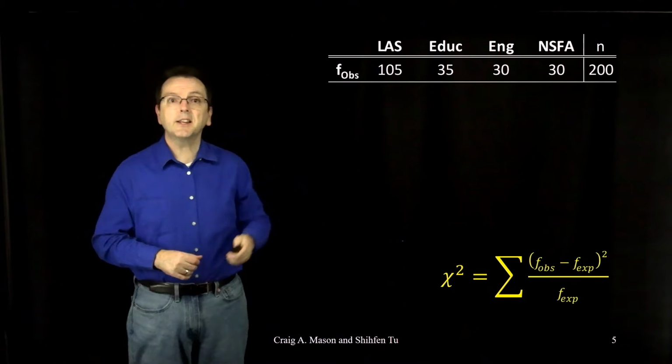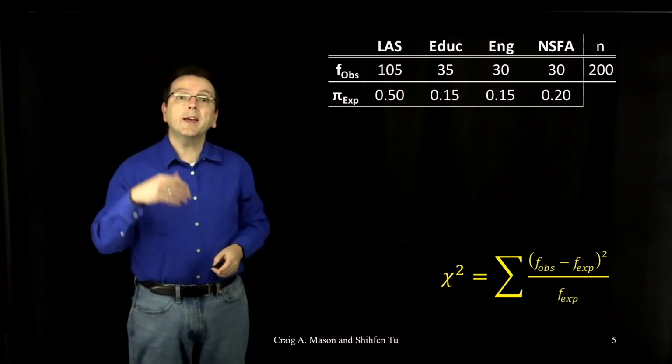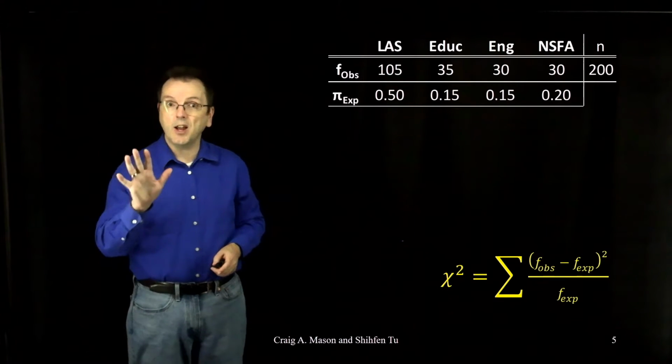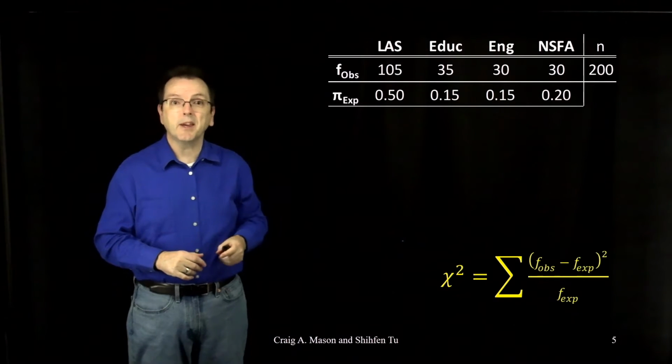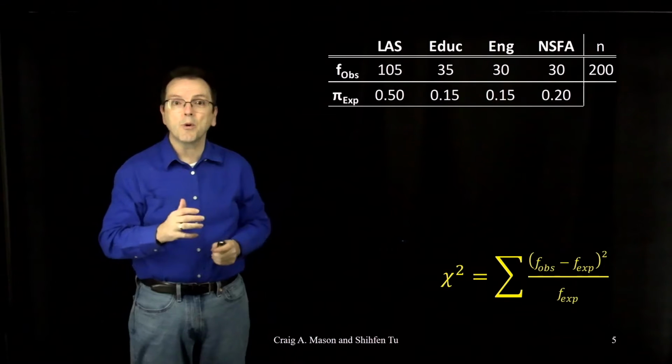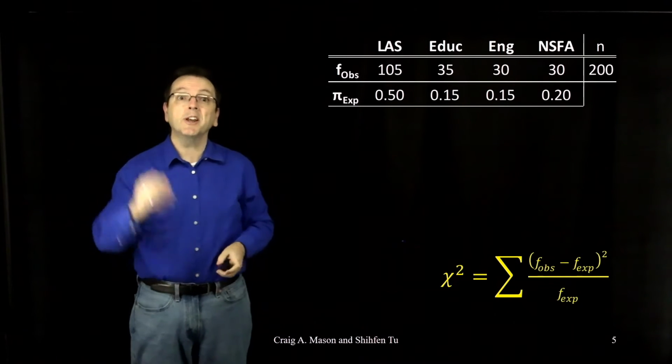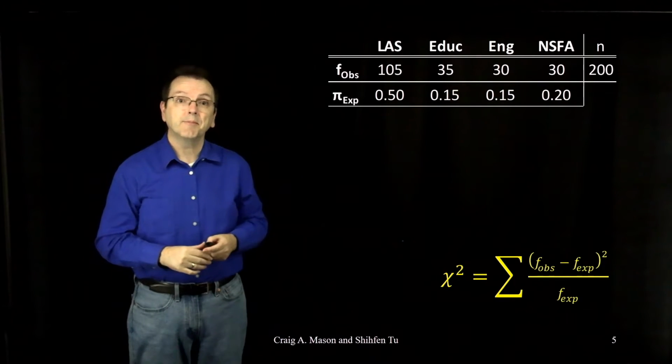Now, let's list the proportion of students that we expect to see if the null hypothesis is true. These pi sub exp just stand for the expected proportion in the population.